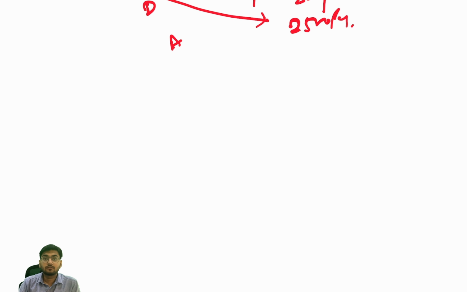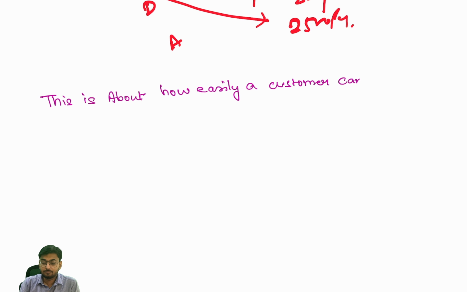Write down: threat of substitute. This is about how easily a customer can replace your product with something else.